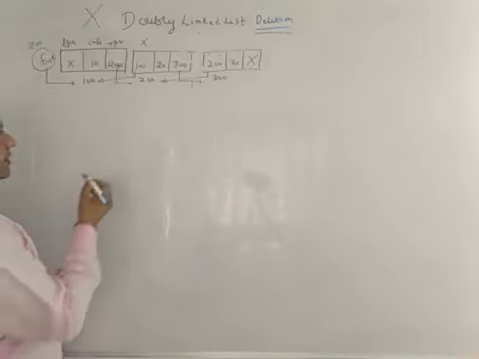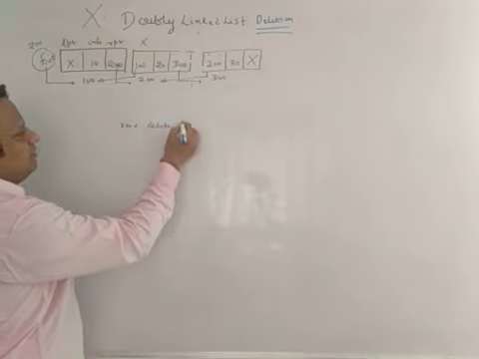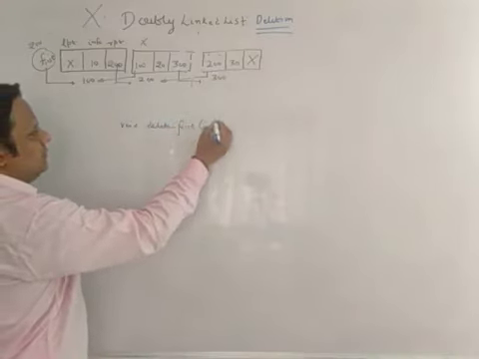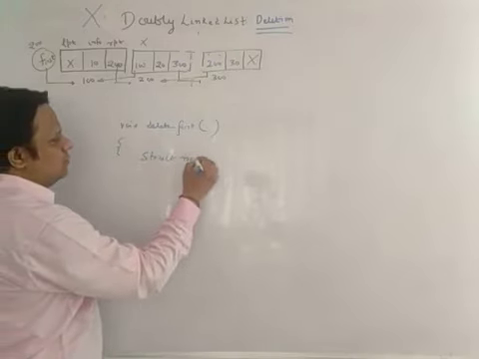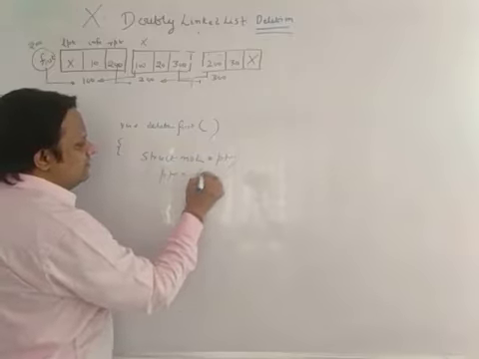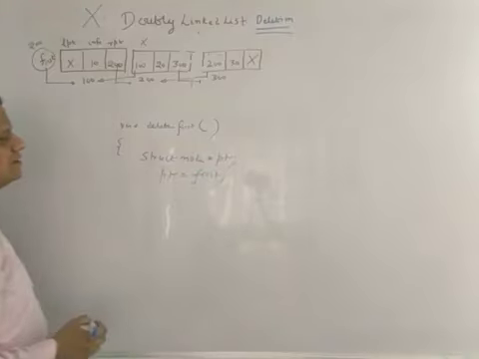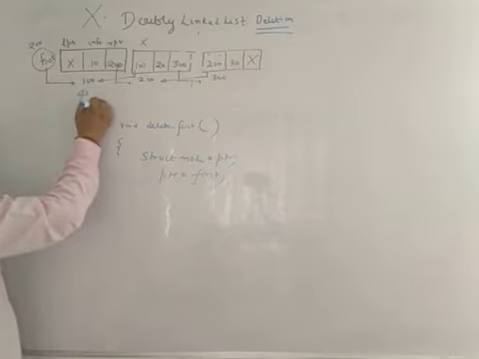Okay, so let's start writing the code. I am writing void delete first node in case of doubly linked list. I require a pointer, struct node start ptr, and I initialize that pointer with the address of the first variable. So ptr is equal to first. My ptr right now is pointing at 100.